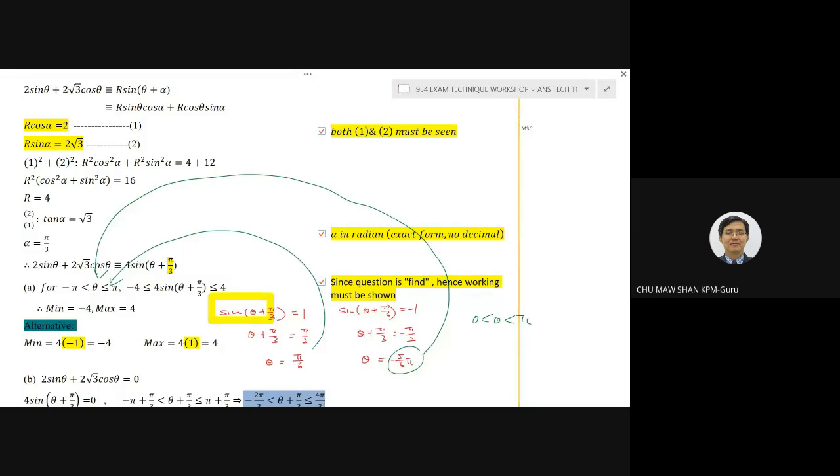Okay. So actually, when I say that the range is between -4 and 4, I have to check this also, even though it is very few marks, only 2 marks.